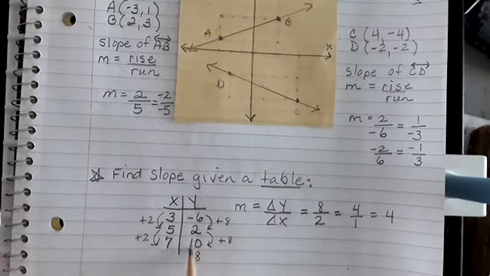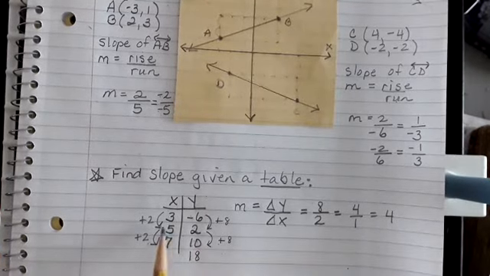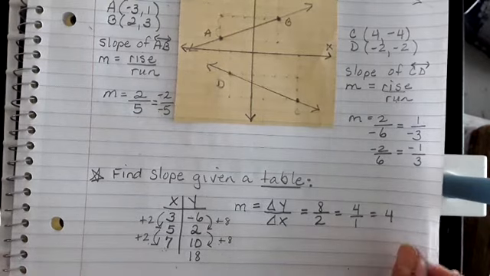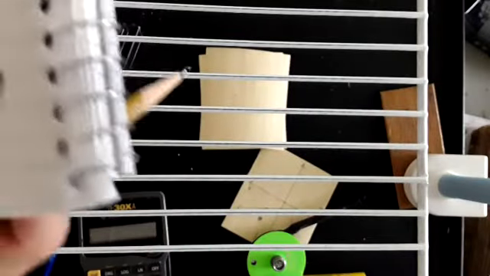Now this is a linear function because my rate of change is consistent all the way through the table. So you also need to be able to determine, if you are given a table, they might ask you, is this going to be a linear function?